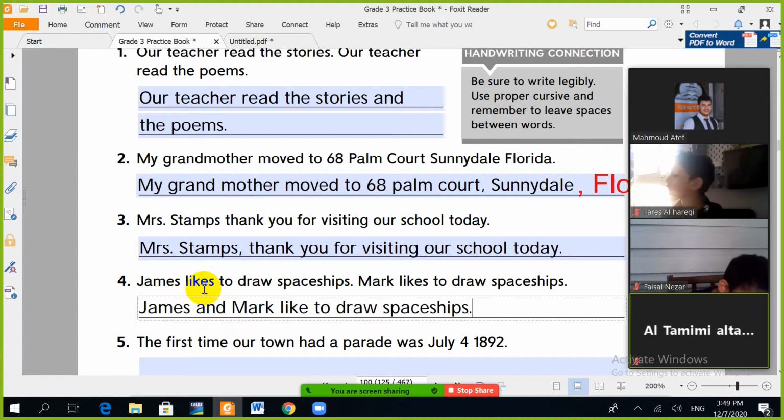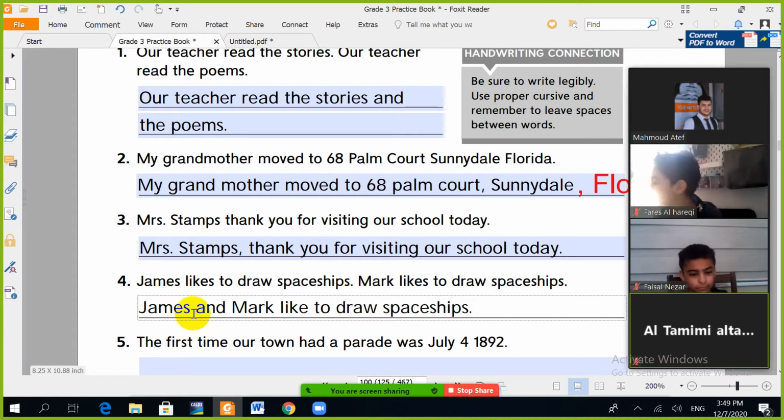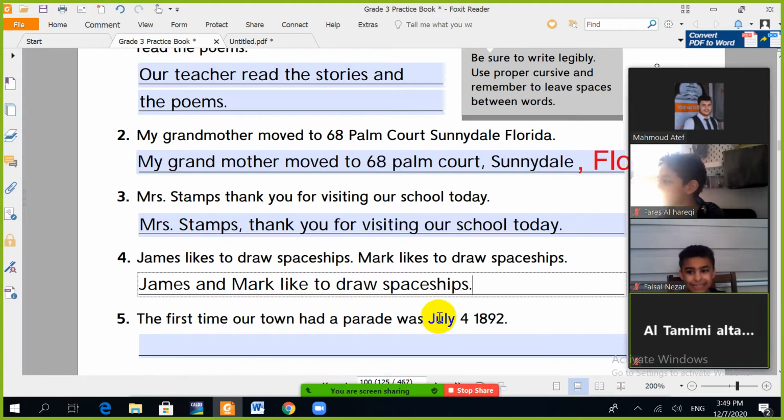Only James or only Mark is one, but James and Mark like to draw spaceships. Okay, got it? Move to the next one.